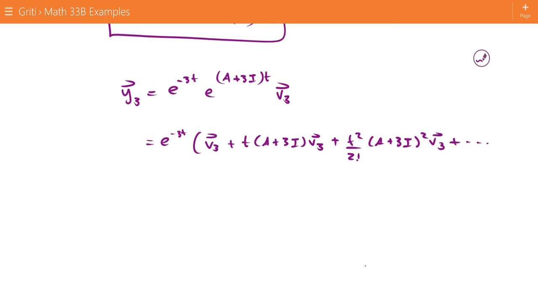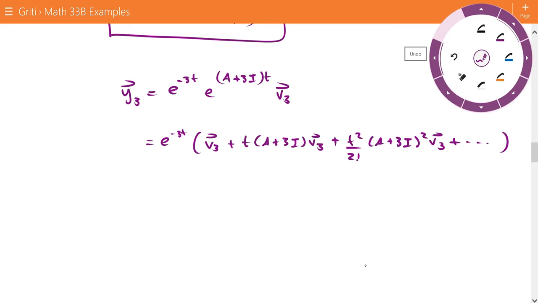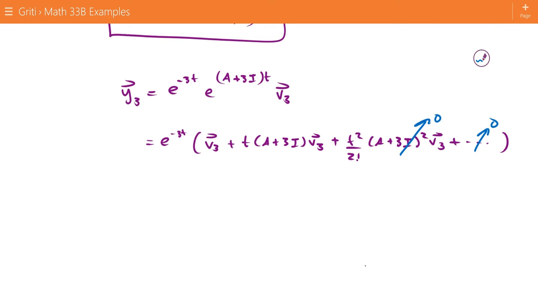But we know that v3 is in the null space of A plus 3i. This will go to 0, and everything beyond will go to 0, so we're going to be left with e to the -3t times v3 plus t times (A plus 3i) v3.